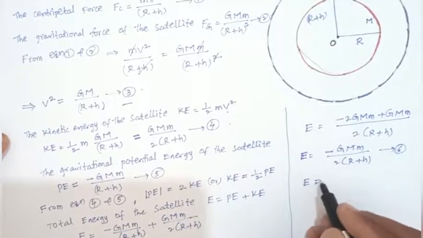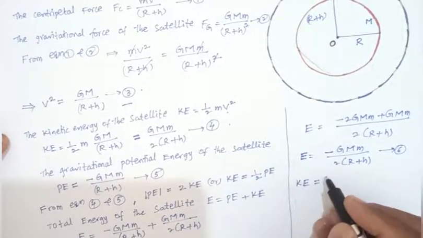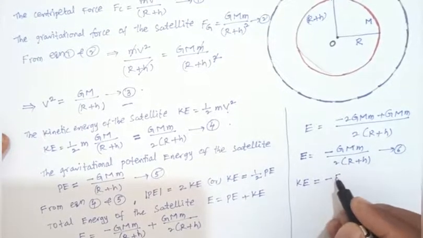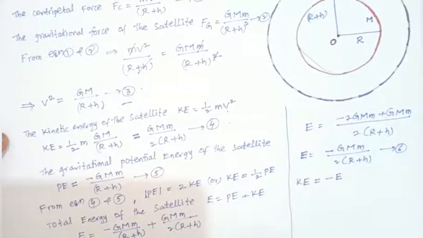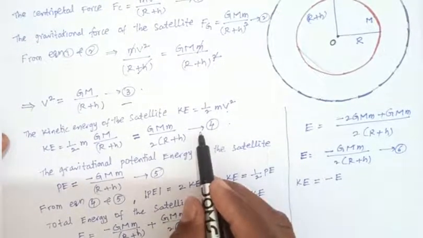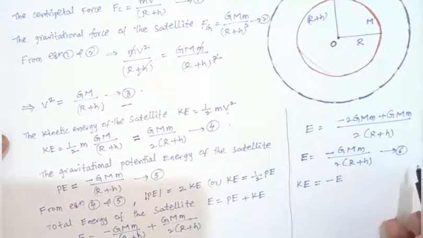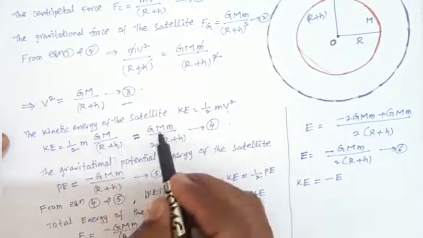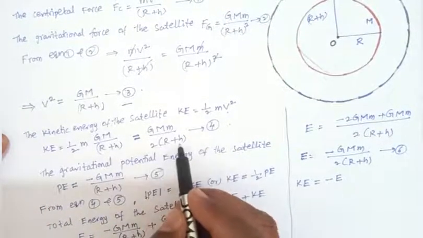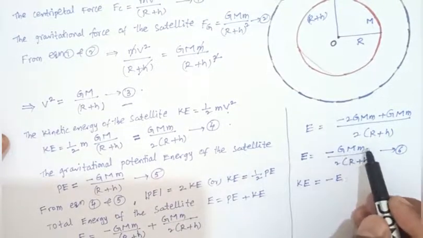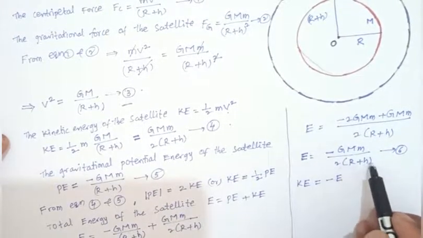So the kinetic energy equals the negative of the total energy. From equation number 4 and equation number 6, KE equals GMm by 2 into (R plus H), and E equals minus GMm by 2 into (R plus H).